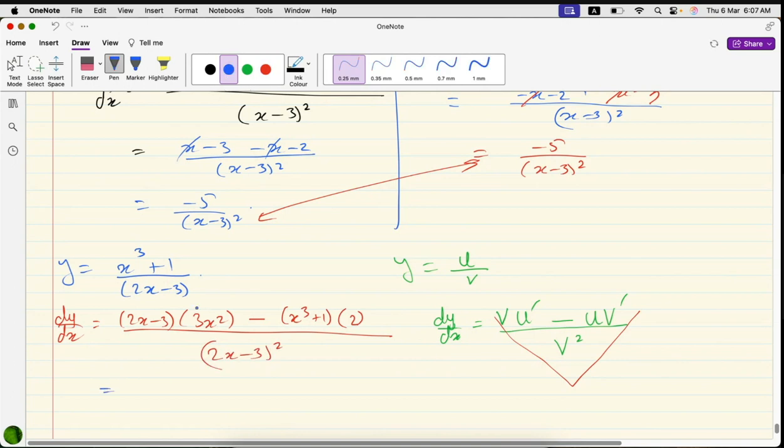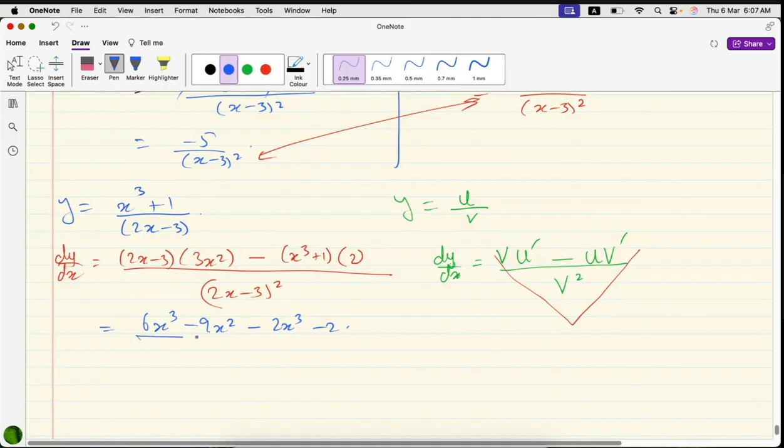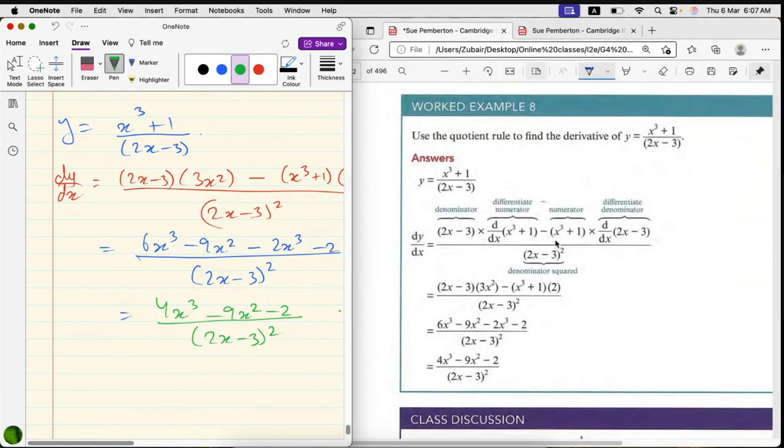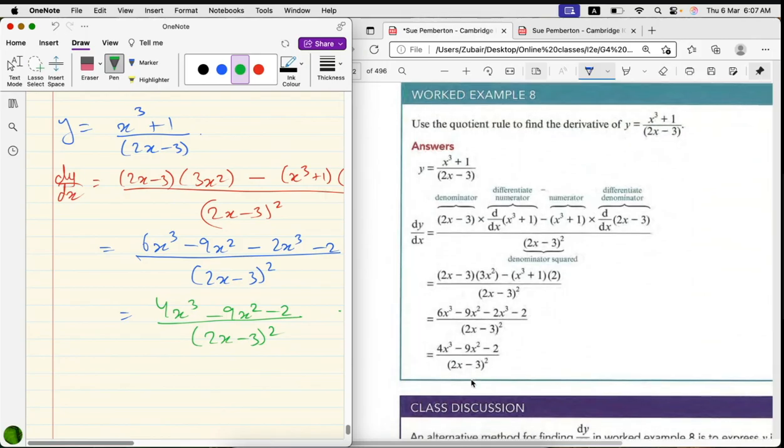And now we simplify. 3 times 2x is 6x cubed minus 9x squared minus 2x cubed minus 2 over 2x minus 3 squared. 6 minus 2 is 4, so 4x cubed minus 9x squared minus 2 over 2x minus 3 whole squared. Yes.